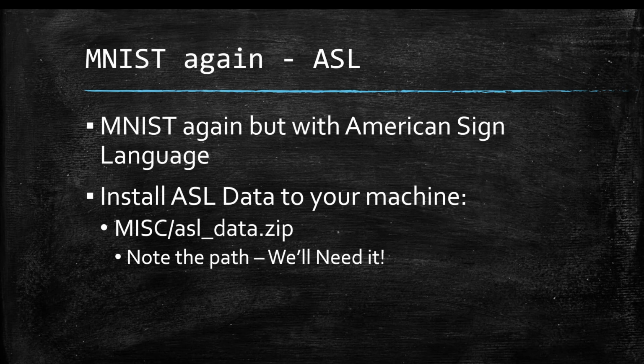If you remember last time, we used the data that was given to us from torch, and we had to download all that. But most probably torch won't have data for us, so we have to use our own data. In this case, I came up with our own data, and this is the American Sign Language.